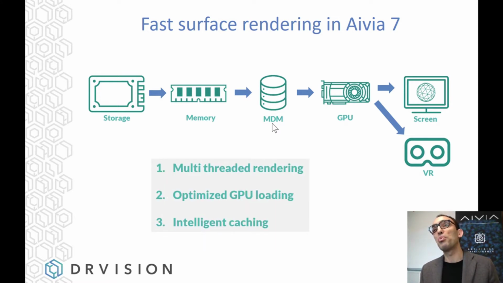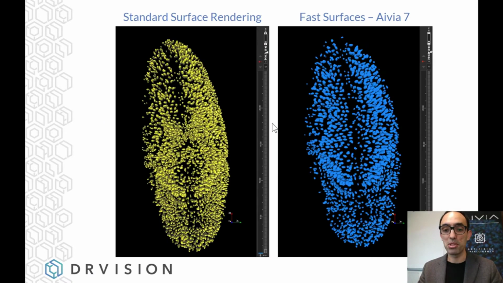So in essence, this is what we're doing to optimize the process. We are multi-threading the rendering, we're optimizing the GPU packaging and loading, and we are intelligently caching the surfaces that we're generating. And this goes for all of the surface components, both the objects, so the cells themselves, as well as all the track display options that you will see in a moment.